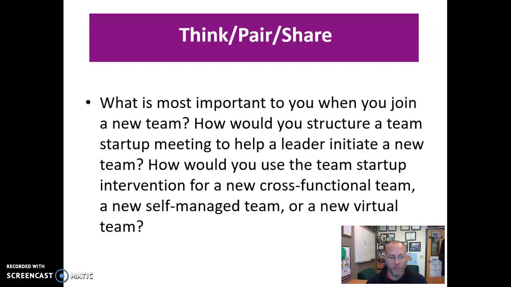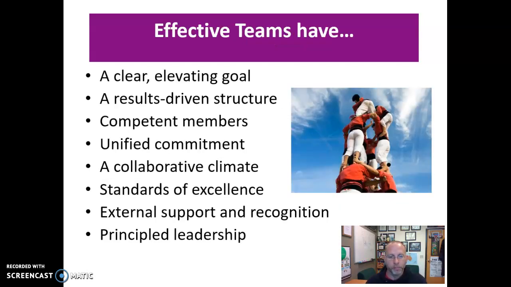You're definitely functioning as a self-managed team, and you're largely functioning as a virtual team for this class. So be thinking about, what's gone well for you so far this semester, what hasn't gone so well, what are things that you could do to improve, and there's still half the semester left to put in place a lot of those improvements as you finish off this experience in this class, and certainly as you go into future experiences.